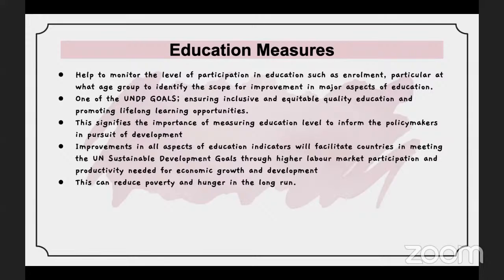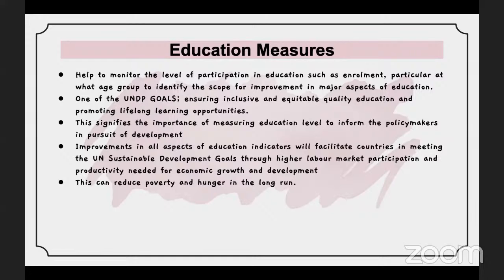Education measures also signify the importance of measuring education level and informing policymakers in pursuit of the country's development and improvements in all aspects of education. It will facilitate the countries to meet the UNDP goals so that there is higher labor market participation and productivity needed for economic growth and development. Plus, this can help to reduce poverty and hunger in the long run.